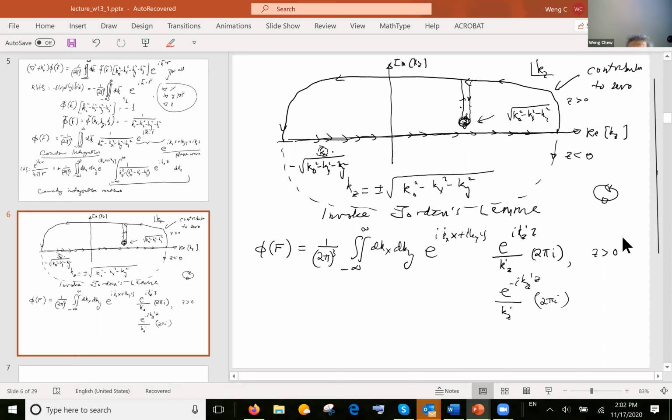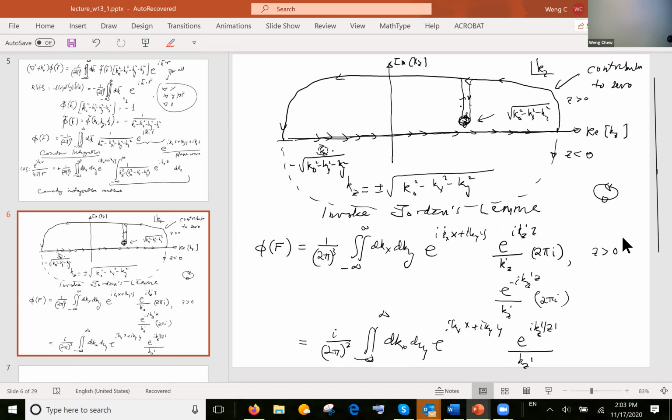And what you have finally is something like i over 2 pi squared, a double integral dkx dky e to the i kx x plus i ky y, e to the i kz prime z, because of the change of the sign over kz prime.